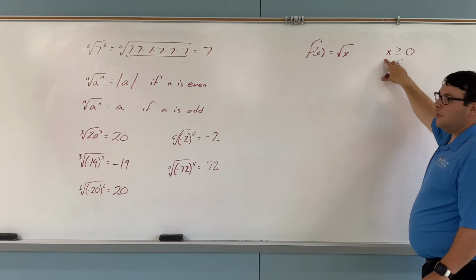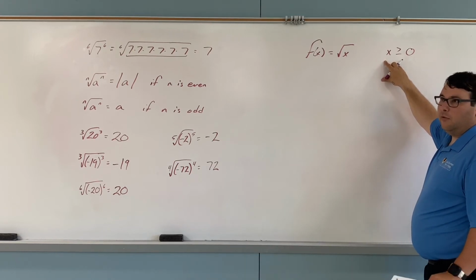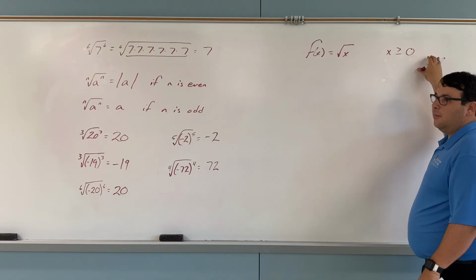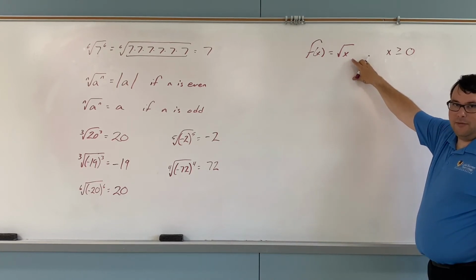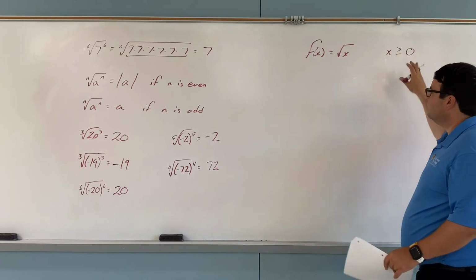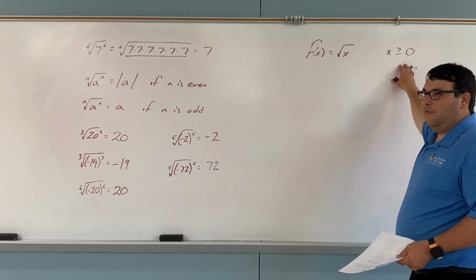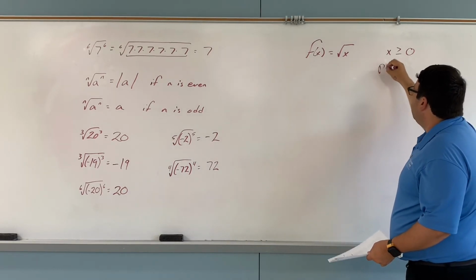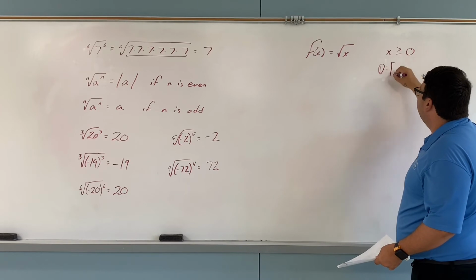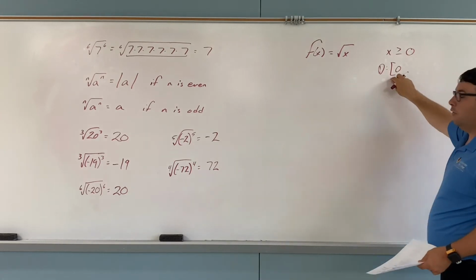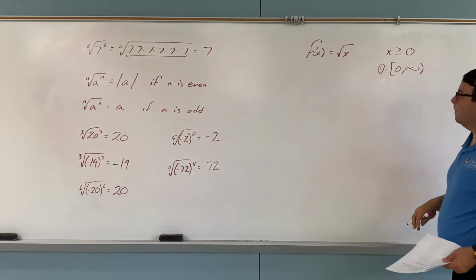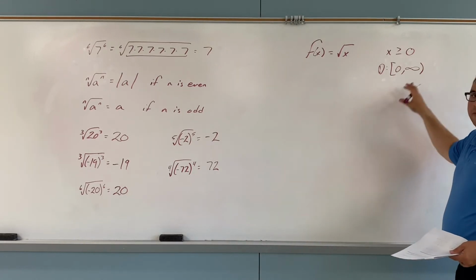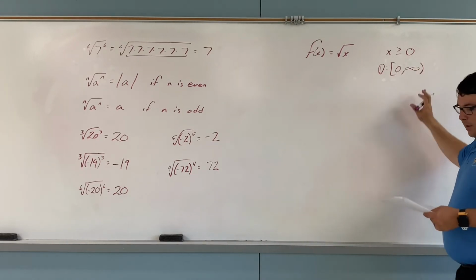If I have anything greater than that, that still works. If I have anything less than 0, I can't take a square root of a negative, so it doesn't work. So this is the base idea of our domain, which means our domain here would go from 0, including 0, so square bracket here, to infinity. That is our base function right there.